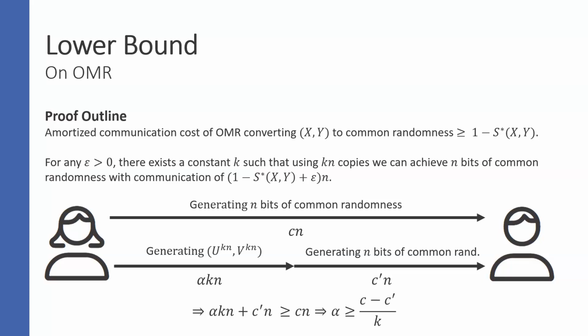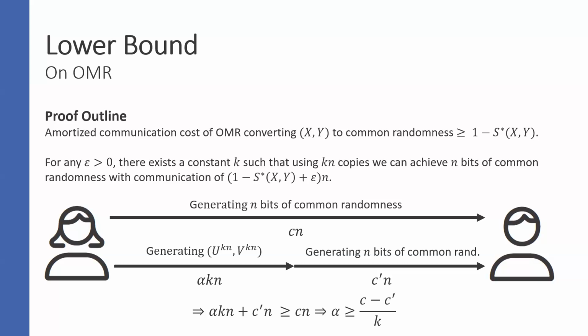So let's say that we have a lower bound using the source correlation XY of generating n bits of common randomness with communication of Cn. And using the target correlation UV, we can generate n bits of common randomness with C prime n. This is using only kn copies because of our second statement.